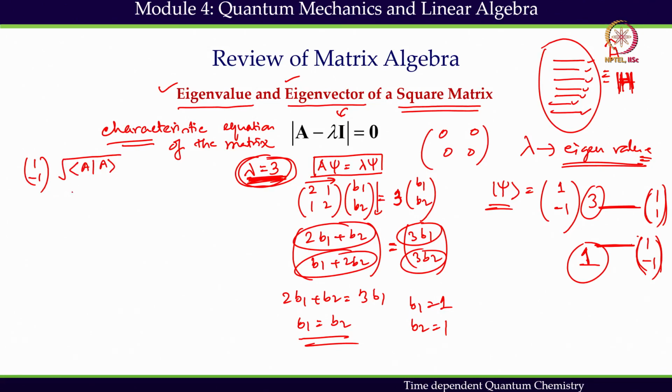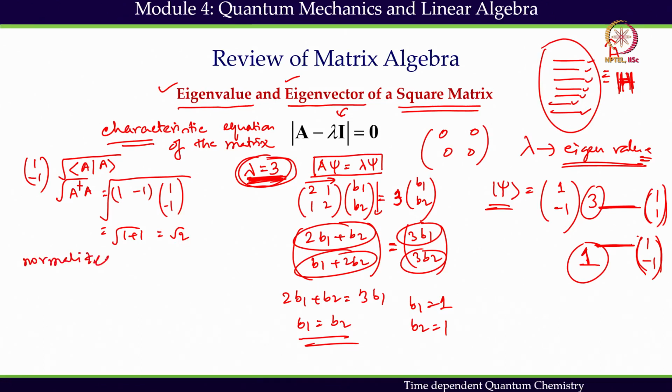Inner product is nothing but A dagger multiplied by A, which is 1 minus 1 times 1 minus 1, and then the square root of the entire thing. So, I get 1 plus 1, and the square root is going to be square root of 2. So, the normalization constant is going to be 1 by square root of 2.